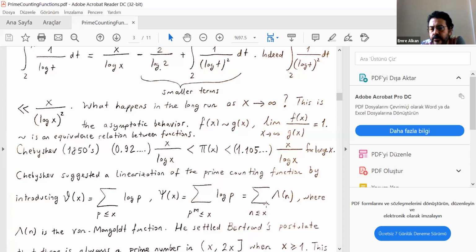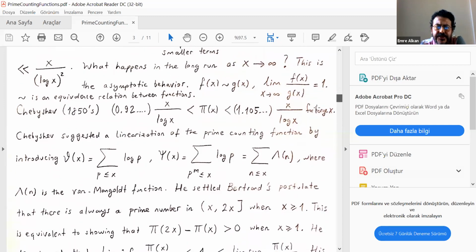So there is a very good generating function for this, in some sense the logarithmic derivative of the Riemann zeta function, which I will say more about in a while. Okay, so this is very suitable for a generating function because it takes all prime powers. So it works well with the fundamental theorem of arithmetic, but the other ones are not that good. So that was his conceptual contribution.